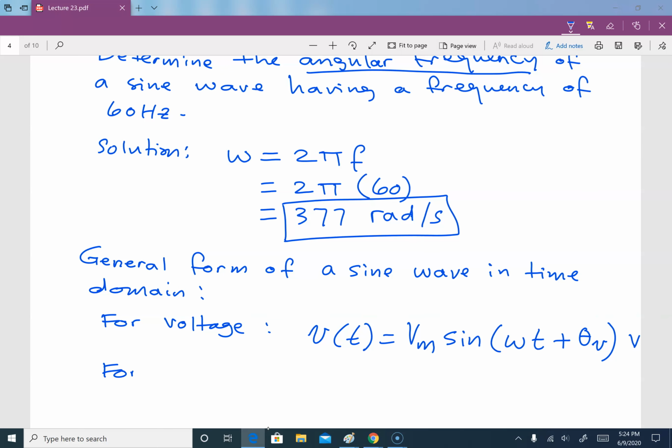And for current, i of t is equal to Im sine omega t plus theta i, and that is in ampere.